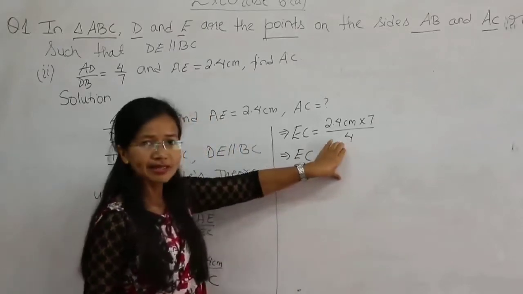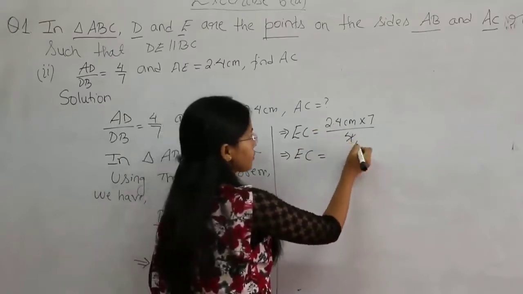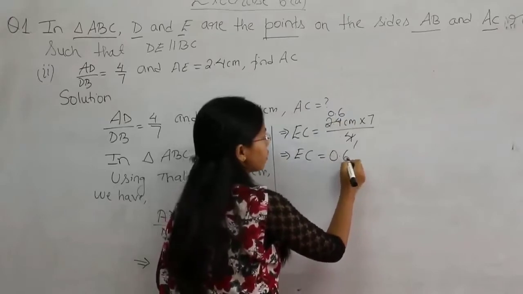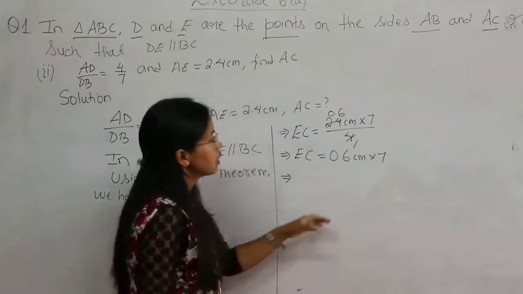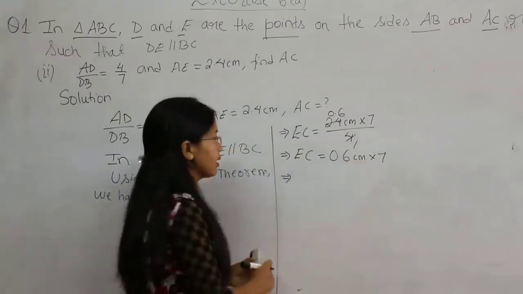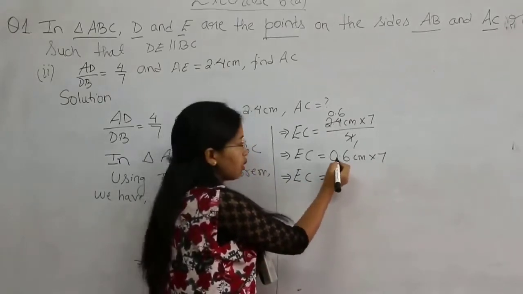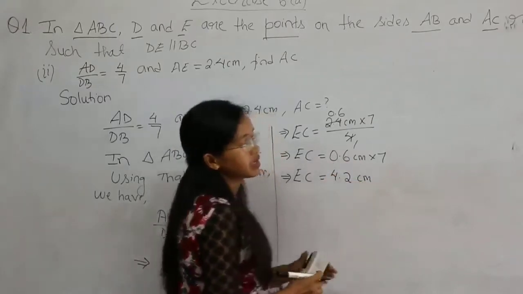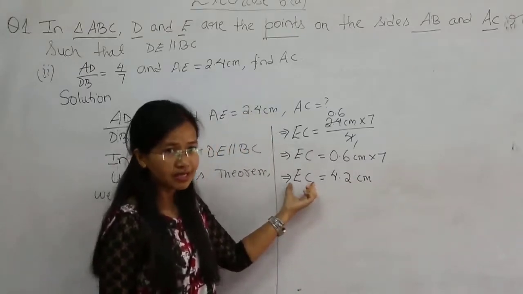We know 4 into 6 is 24. Since this is 2.4, it will be 0.6. This will be 0.6. So here we have 0.6 centimeter into 7. So we multiply 0.6 with 7. Then we will get EC equal to 7 into 6 is 42. But here we have decimal point, it will be 4.2 centimeter. Right? 4.2 centimeter. Now we get the value of EC.